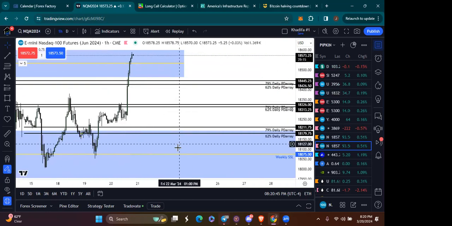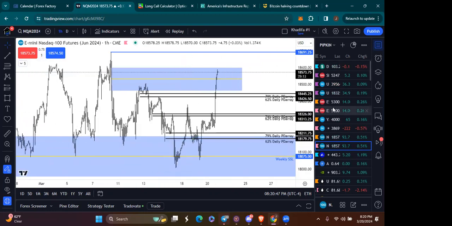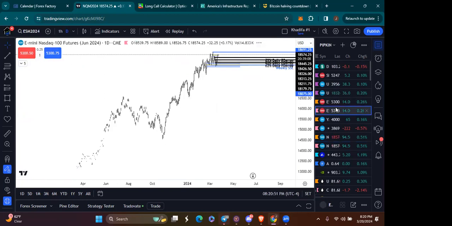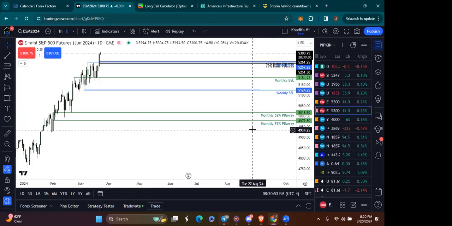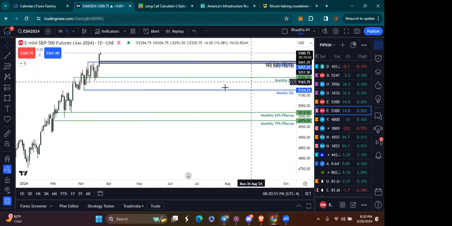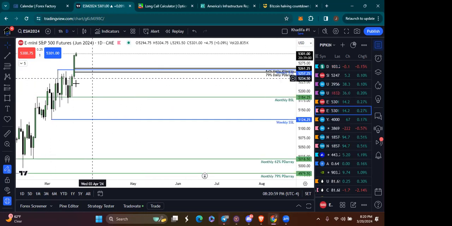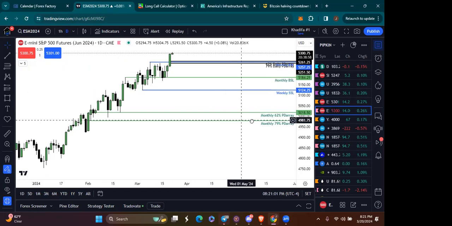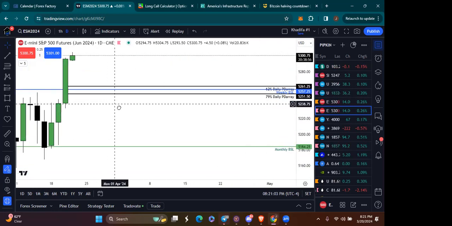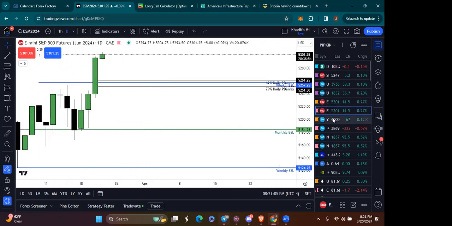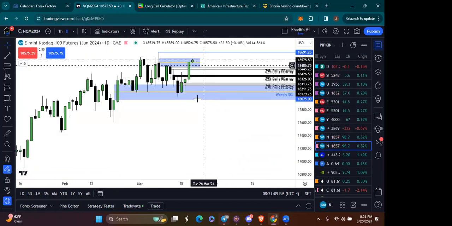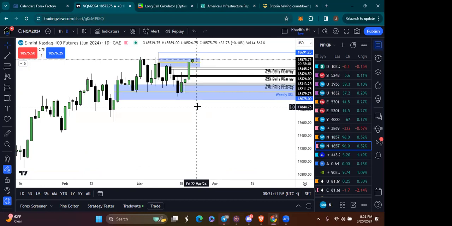I would like to see us, because if you notice, ES has already ran the weekly buy side liquidity and made a new high, right? Already ran and made a new high. So I expect NQ.